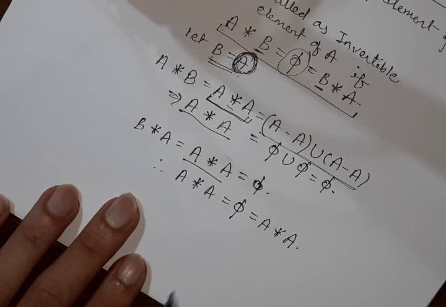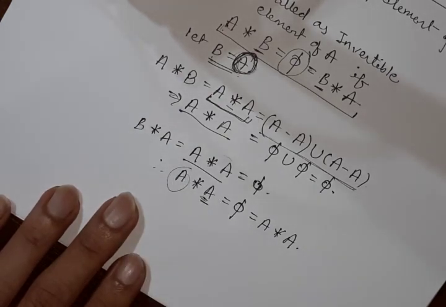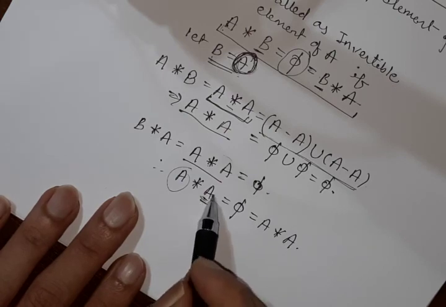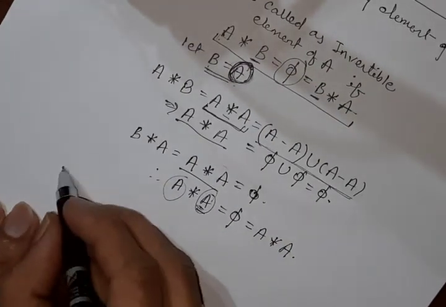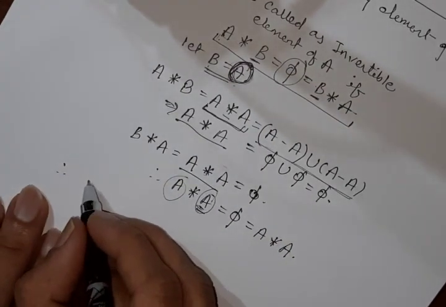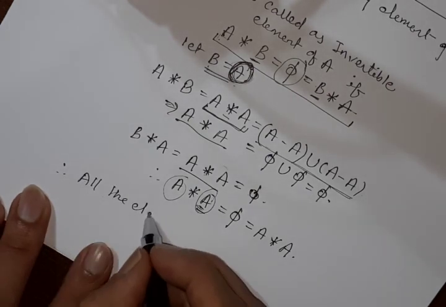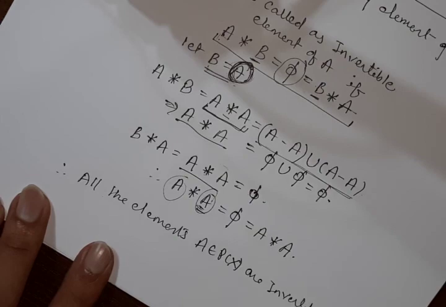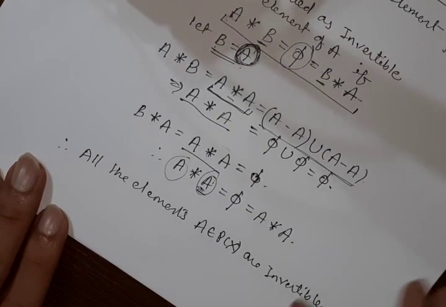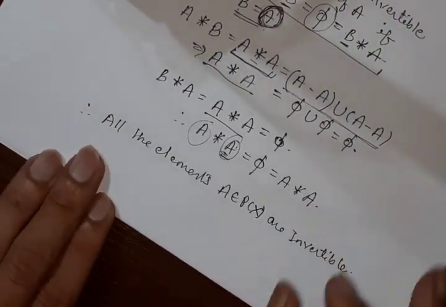So what happens here? The B, that is the inverse element of A, is A only. You found that B is equal to A. Therefore, all the elements A of the power set are invertible first of all, because the condition of invertibility is satisfied for any A. Any A you take, you get the condition.